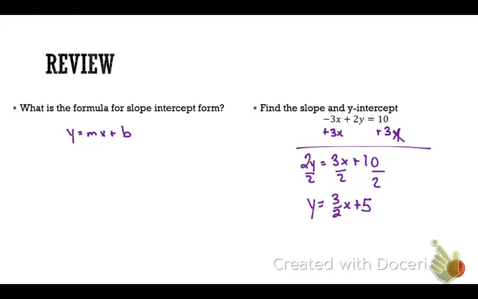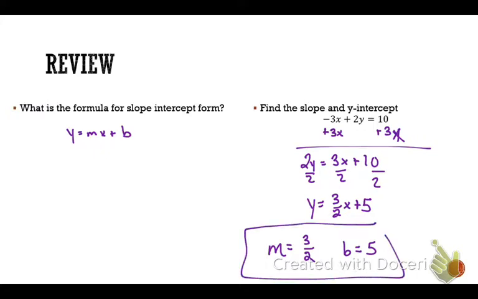Okay, so what is my m? 3 over 2, not x, not x. What is my b? 5. This is your answer. You will lose points on your test tomorrow if you just leave it as the equation. You did the hard work. Now just tell me m equals, b equals.